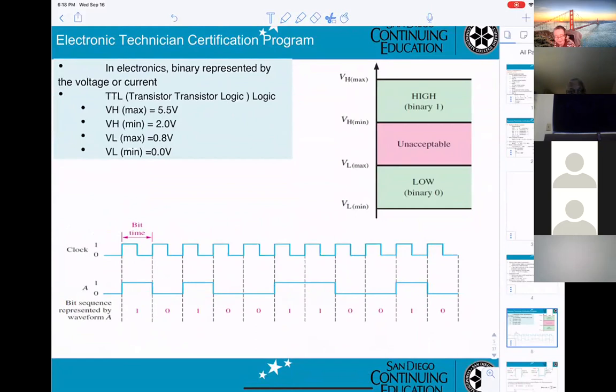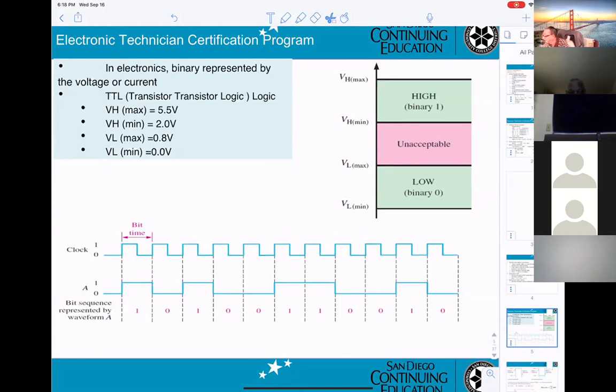However, when you're working on circuitry, you want to measure the binary. You want to measure 0 or you want to measure 1; you never get anything in between. So that's why in electronics they define voltage levels.